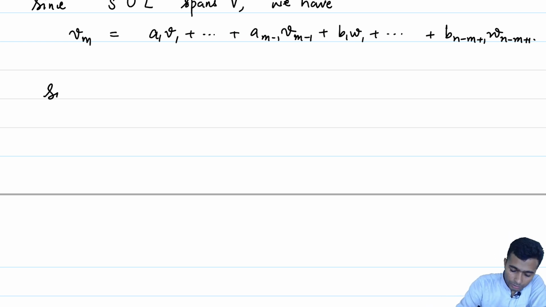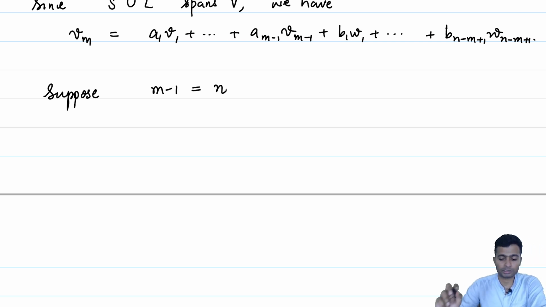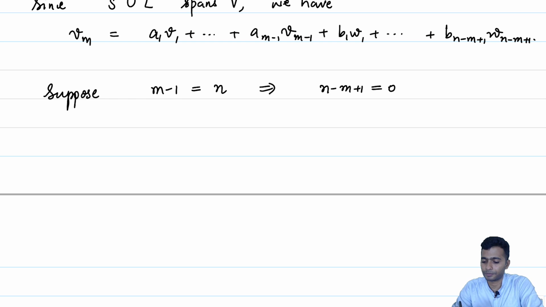So, suppose m minus 1 is equal to n. We already know that m minus 1 is less than or equal to n, but that would imply that n minus m plus 1 is equal to 0.